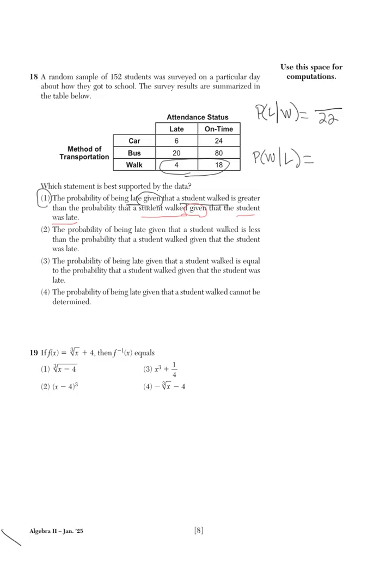Because now you're going to look at these 22 people, how many of them were late? And you can see that there was 4. Okay, so this is 4 over 22. I put this in my calculator and that's 0.1818.